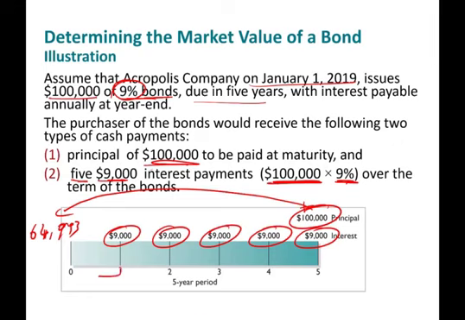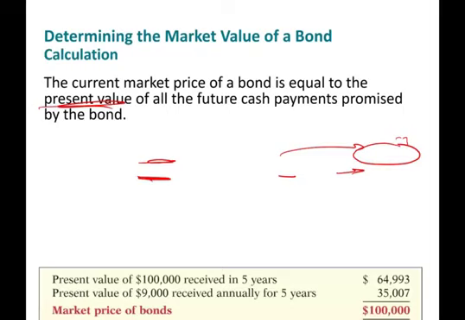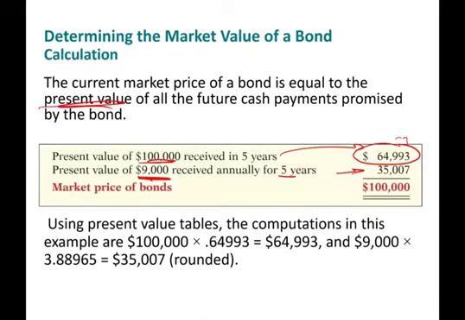Those 5 $9,000 payments combined are worth 35,007. Together, they're worth 100,000. Here we are assuming that the market rate and the contractual rate are the same. Again, you don't have to worry about this, but the point is, to find the price of the bond, you have to compute the present value.